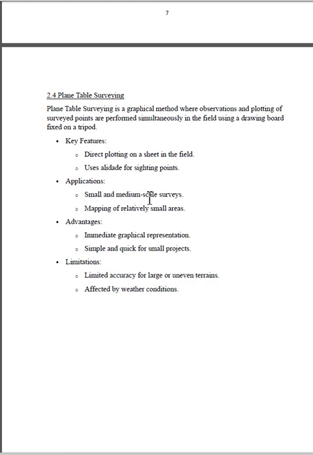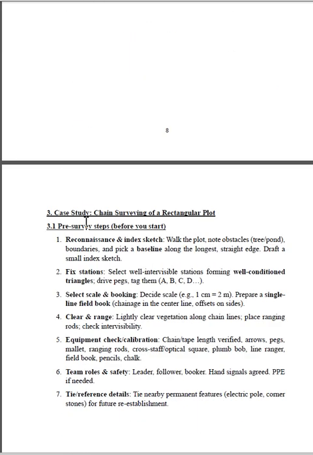Applications: small and medium scale surveys, and mapping of relatively small areas. Advantages: immediate graphical representation, simple and quick for small projects. Limitations: limited accuracy for large or uneven terrains, affected by weather conditions.